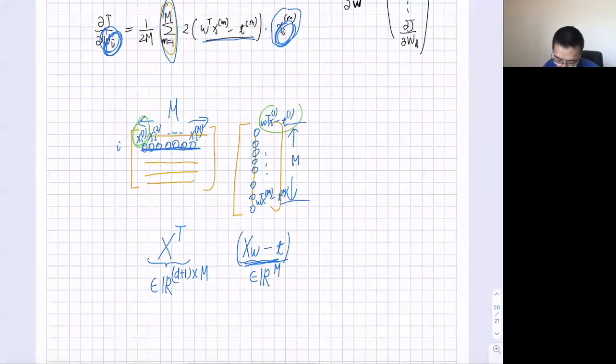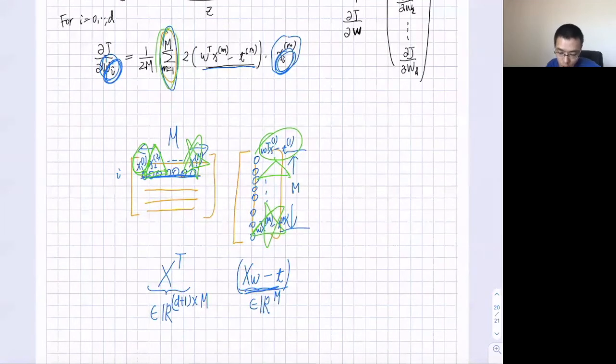Multiply it with this, you have this. Multiply it with this, and you have that. Multiply it with that. Right? And then you take the summation. So now you take the summation and you have this. This term is something in here. And this term is just the xi. So that is correct. So this also shows that.